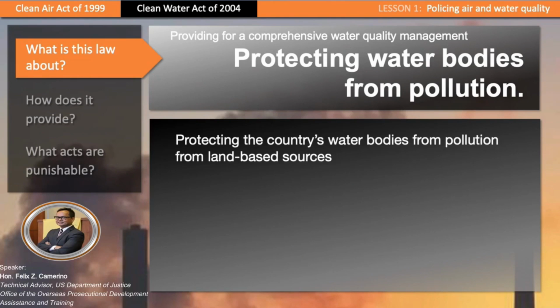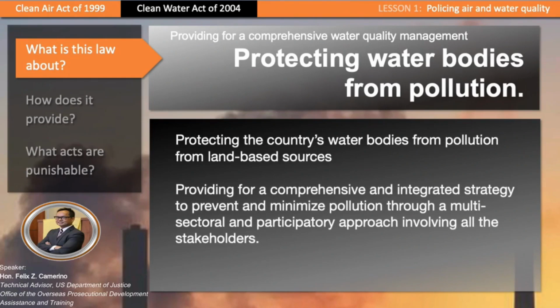Now, on the comprehensive water quality management, besides having that, there is also an integrated strategy that aims to prevent and minimize pollution, which involves a multi-sectoral and participatory approach involving all the stakeholders.